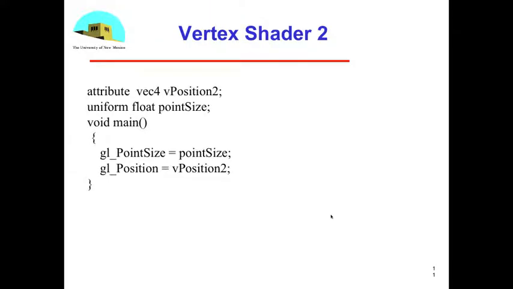The second set I probably should have done first. This is the shaders you use for rendering the points. So you're going to set the point size, which will come in as a uniform. I want to be able to make the particles bigger or smaller when I render them, and you're going to set the position into GL position, pass that on to the rasterizer, and use a uniform for the point size, so that'll be set in the application.